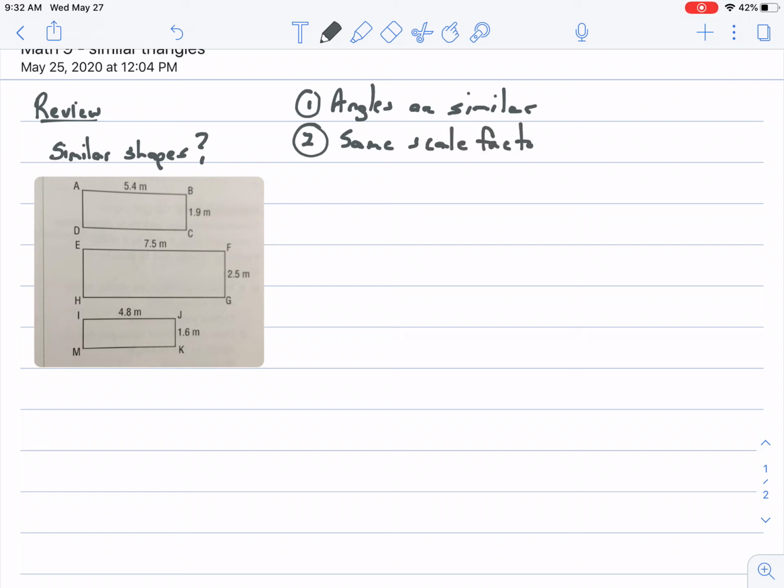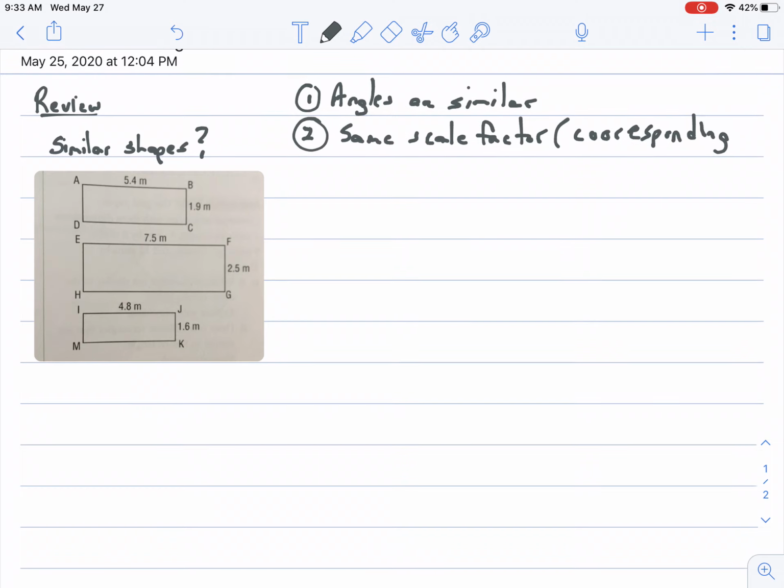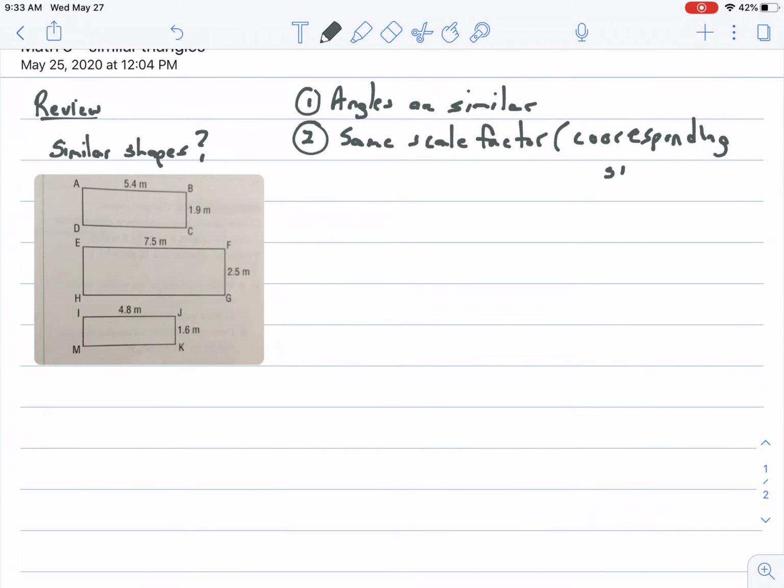And we use a fancy word called corresponding sides. So I have to compare the same scale factor for corresponding sides.